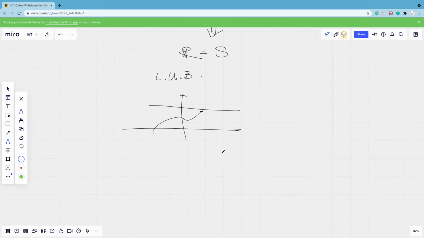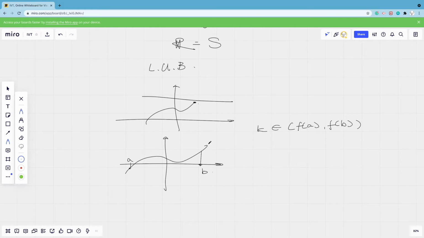So first of all, if we have a function that goes from a all the way to b, then for a value k in the range of f(a), f(b), here we will just presume that f(a) is smaller than f(b). It's pretty much the same the other way around. So for a k in between, let's call this k.